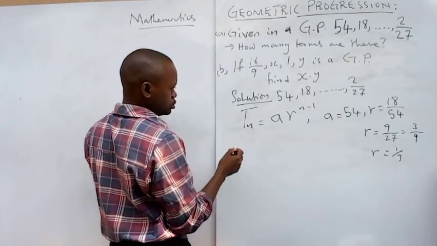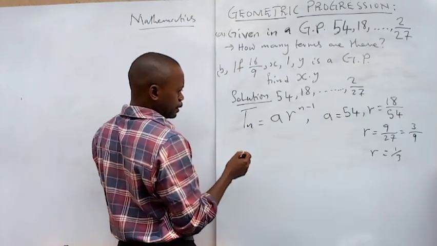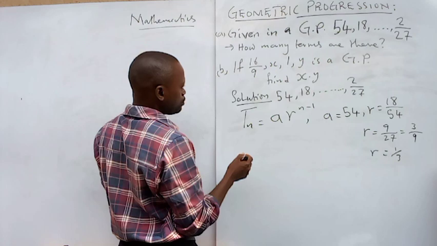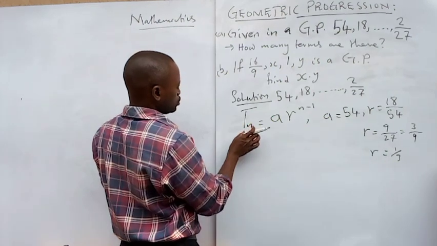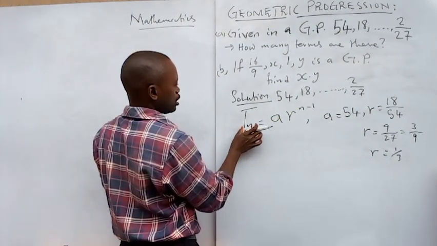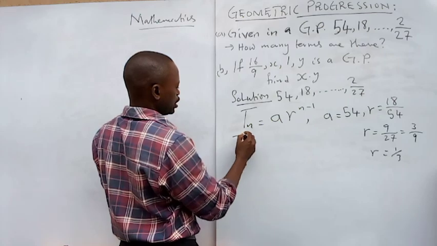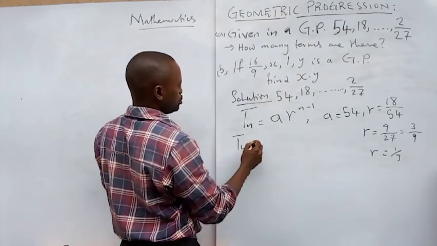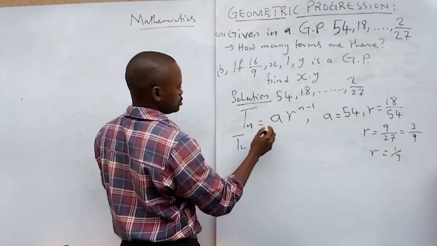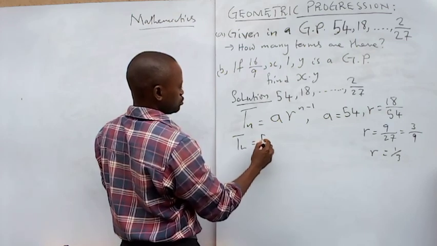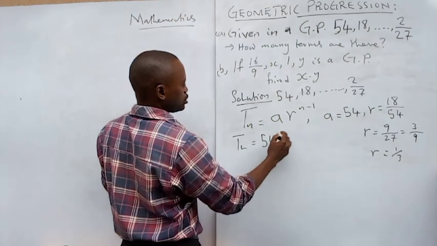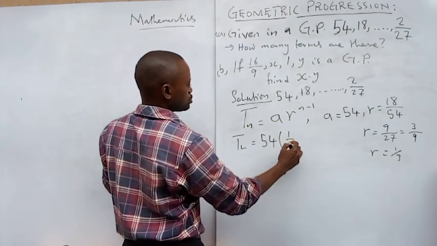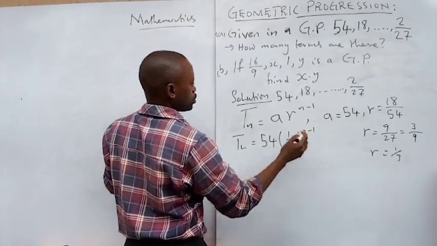All right, having done that, I can make my substitution. I can call this T last, representing that last figure. 54 being my first term, in brackets R, 1 over 3, raised to power n minus 1.